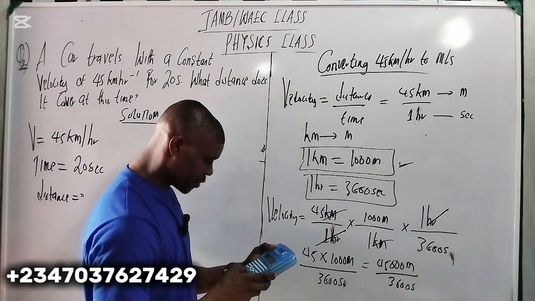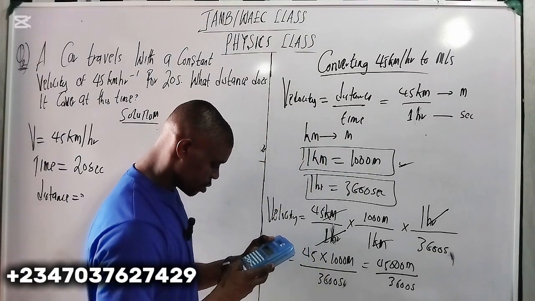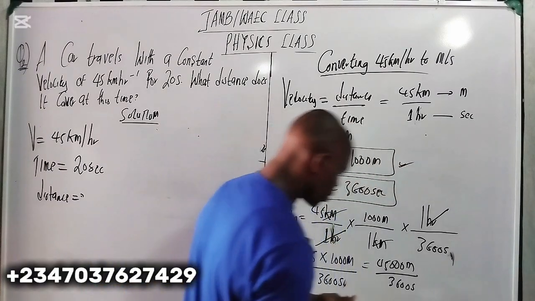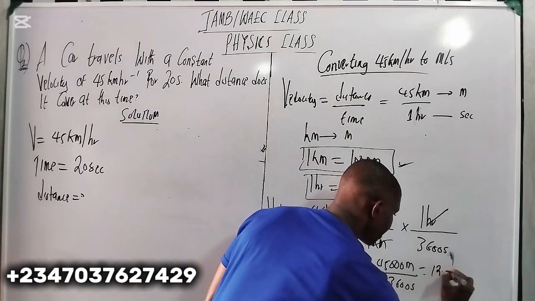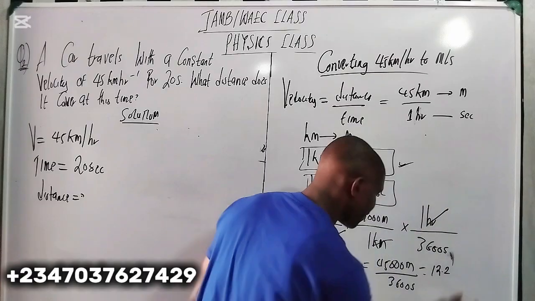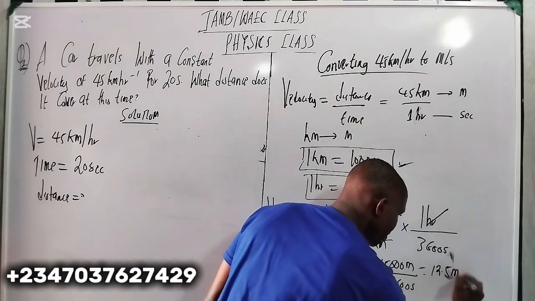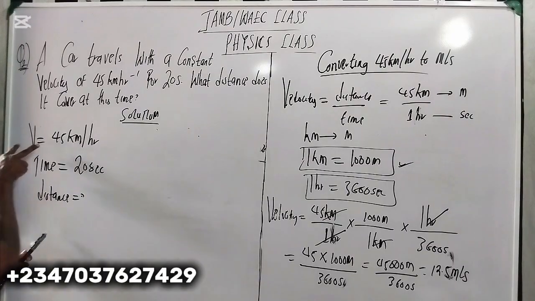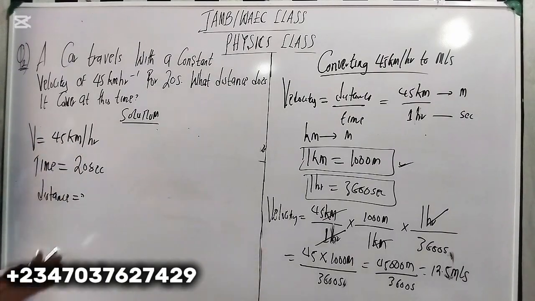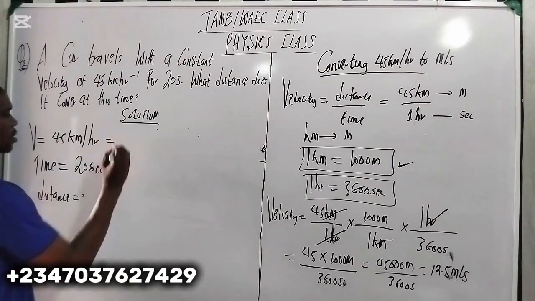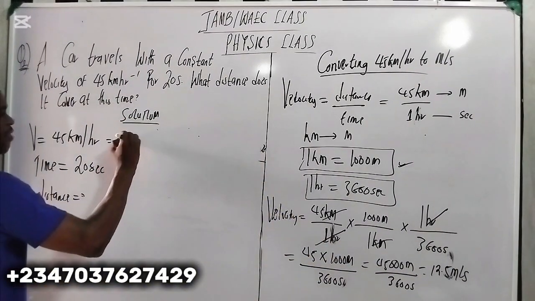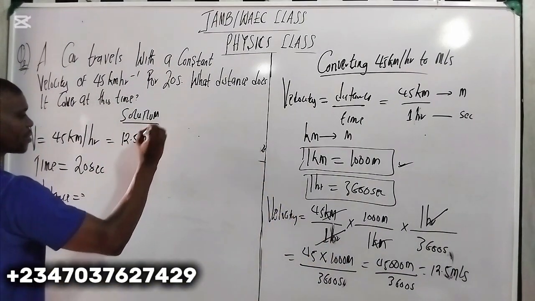We have 45,000 divided by 3,600. You have 12.5 meter per second. That is it. So that means my velocity, that is 45 kilometer per hour, from my calculation here is going to be 12.5 meter per second.